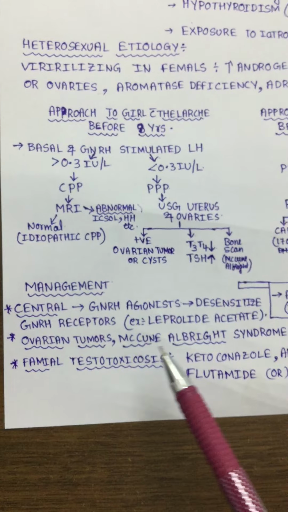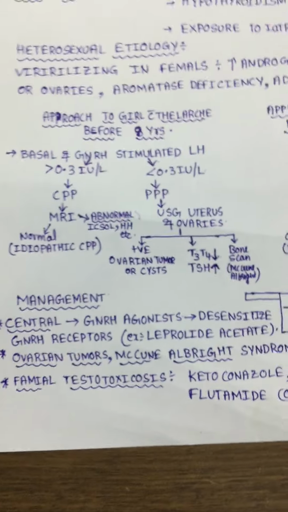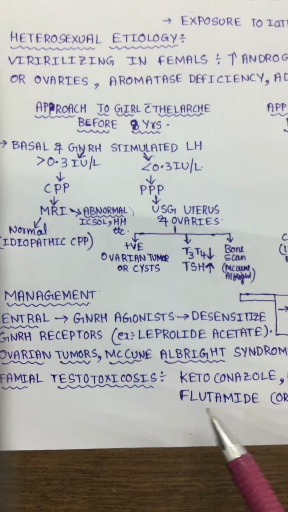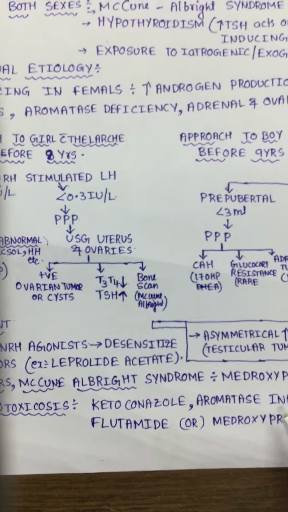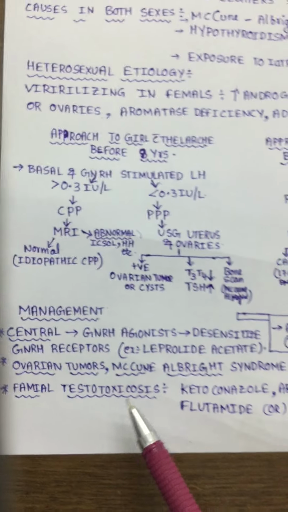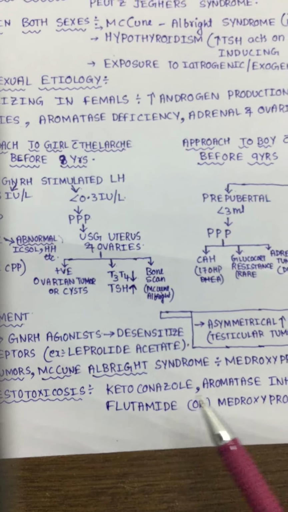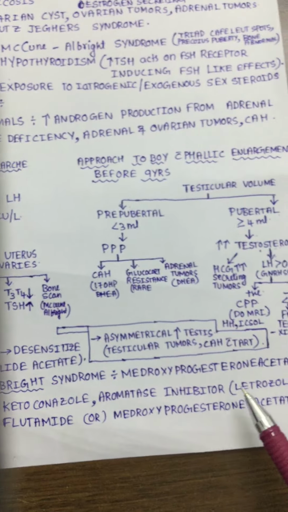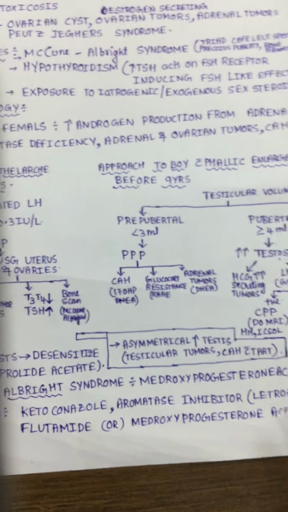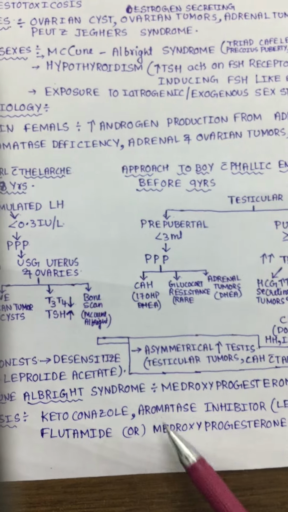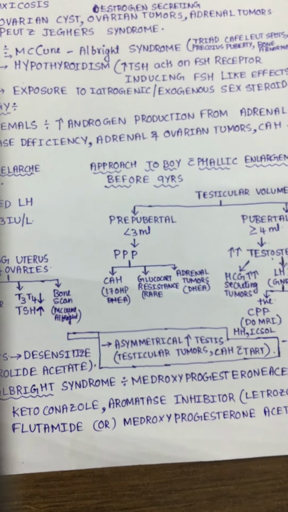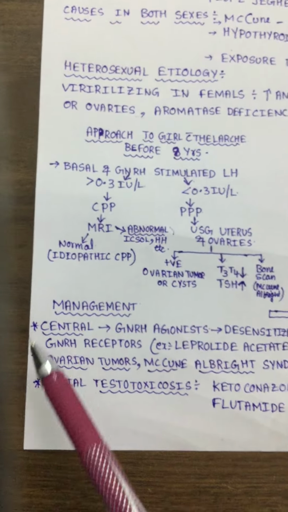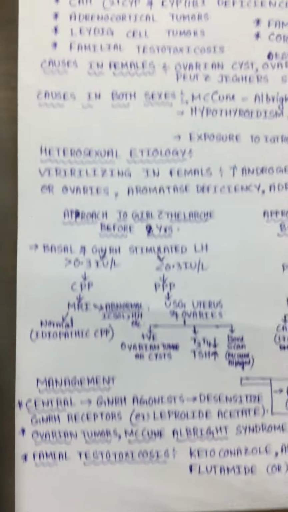For ovarian tumors and other causes of peripheral precocious puberty like McCune-Albright syndrome, medroxyprogesterone acetate can be given. For familial testotoxicosis, ketoconazole and aromatase inhibitors like letrozole, and anti-androgens like flutamide will have anti-androgen effects, and also medroxyprogesterone acetate can be given. This is a brief discussion on the management.